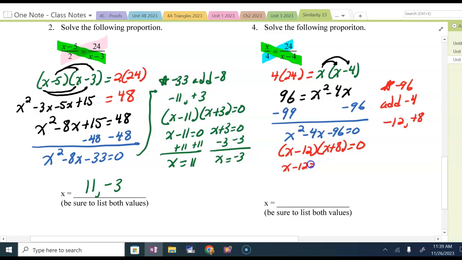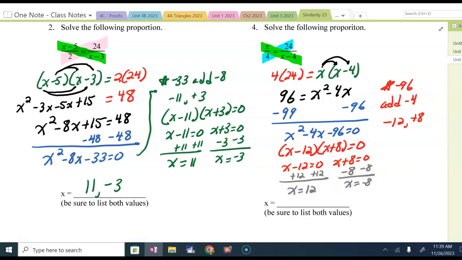So x minus 12 is 0. x plus 8 is 0. We'll add 12 to both sides. So we'll get x is 12. We'll subtract 8, and we get x is negative 8. So the answers to problem number 4 are 12 and negative 8.